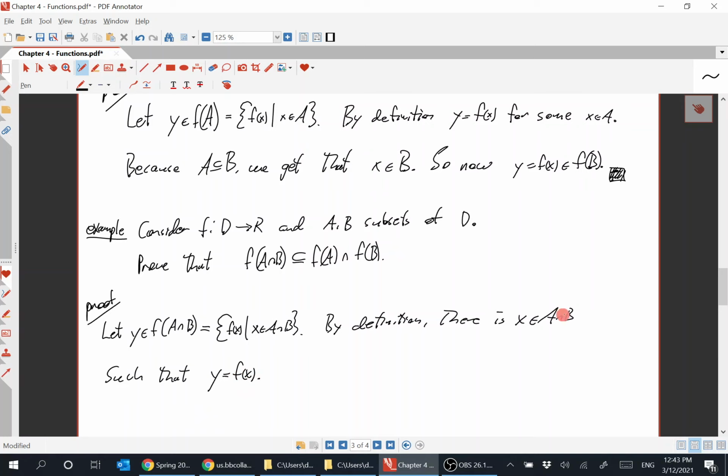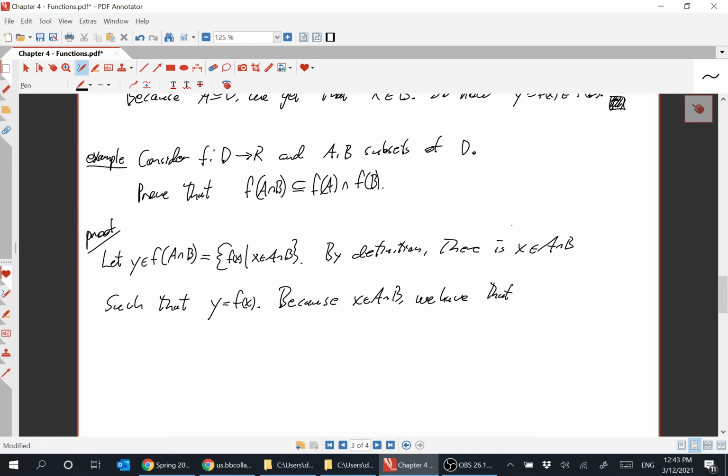All right, now because x is in A intersection B, what? X is where? X is an element of A and an element of B. So now what? If x is an element of A, f of x, so y, which is f of x, is an element of what?